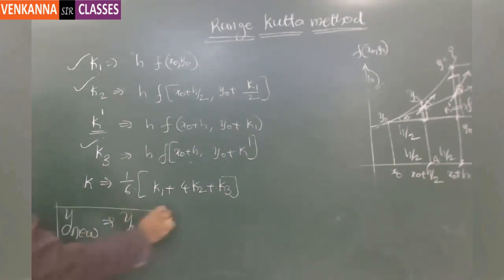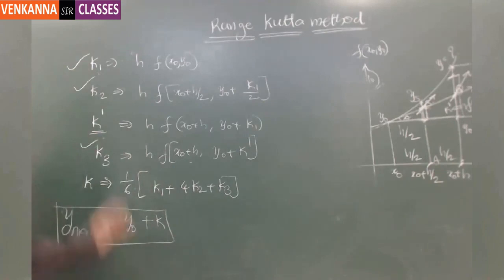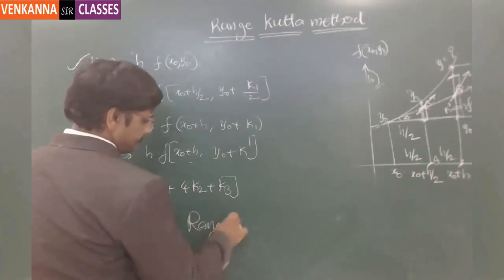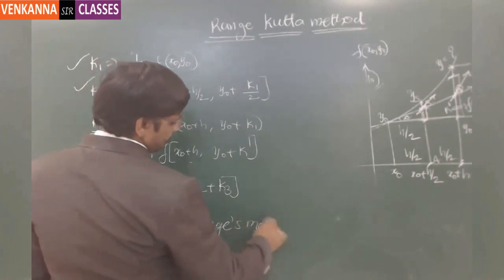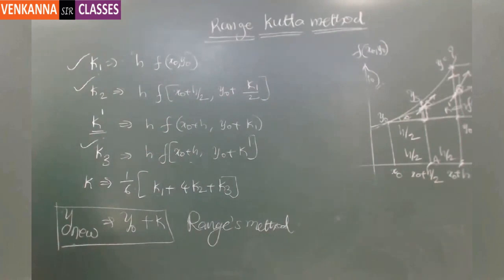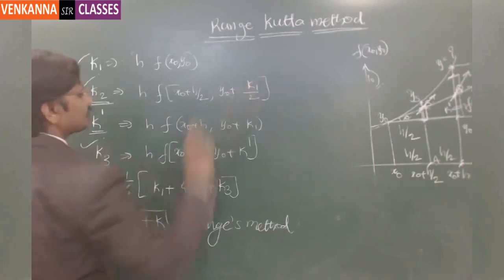So this way you will be able to find out the value of y at x equal to x naught plus h. Got it? So this is Runge's method. Now here what we have done is, k2 is h times of f of x naught plus h by 2, y naught plus k1 by 2.